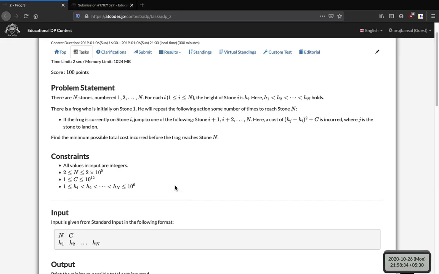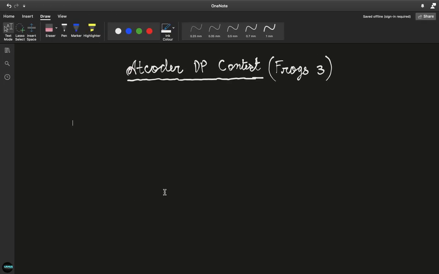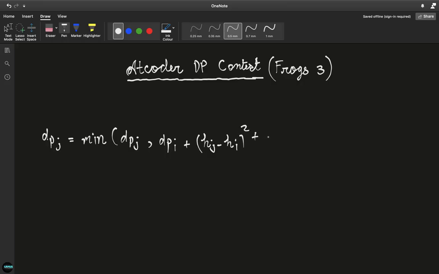So the n squared solution, which is actually slow for this problem, is standard dynamic programming, which is just dp[j] is the minimum of itself, or dp[i] + (h[j] - h[i])^2 + c.